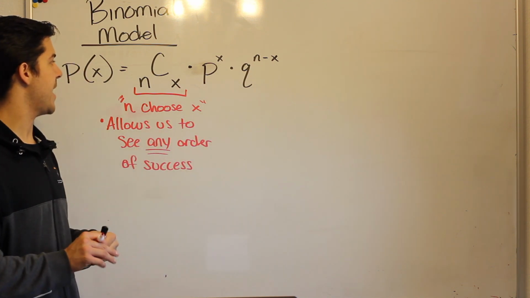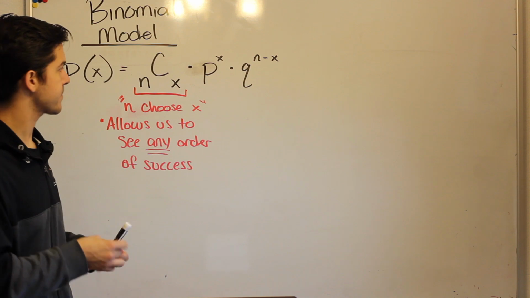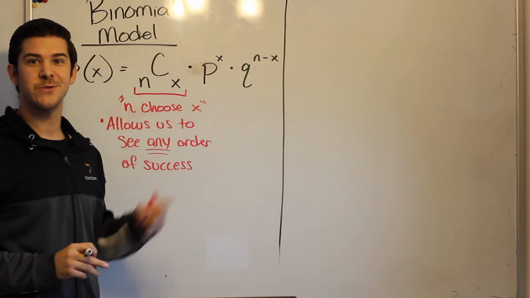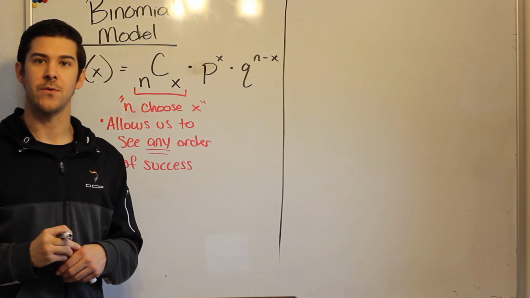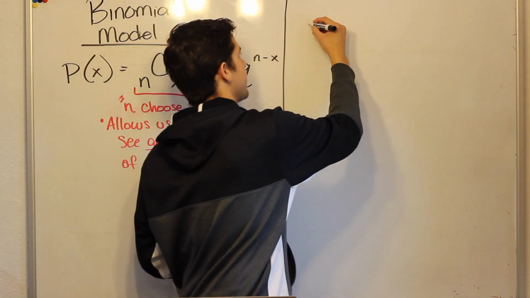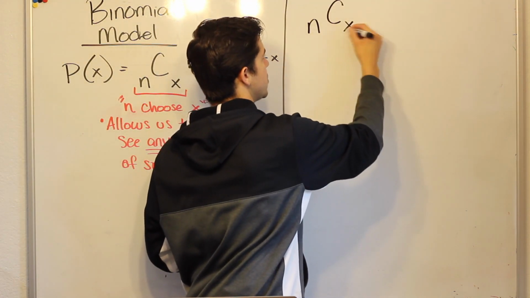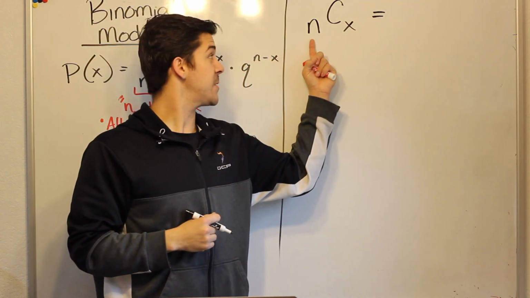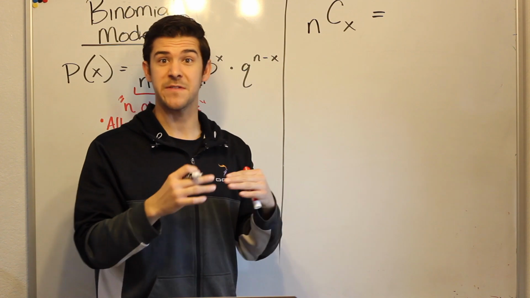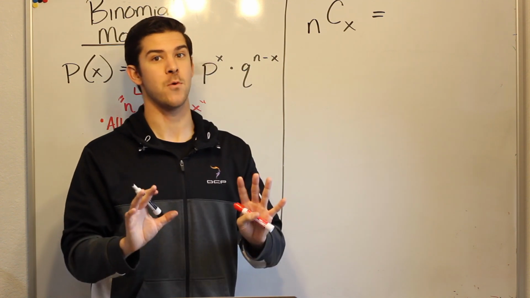So let's talk about n choose x. N choose x actually has its own equation. It's not too difficult to go through, but let's look at it here. We have n choose x, which means we have a certain amount of trials and we want to choose a couple of them to be successes in any order.